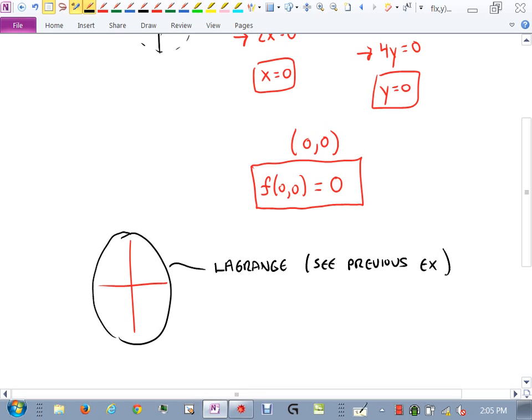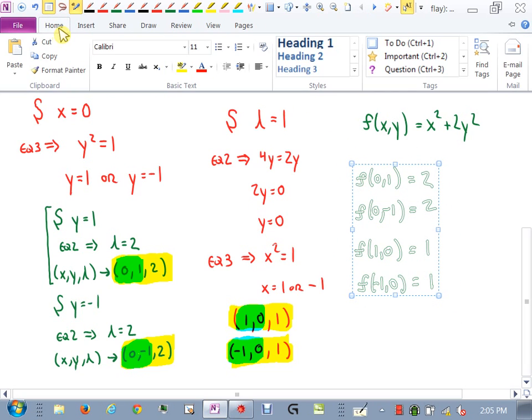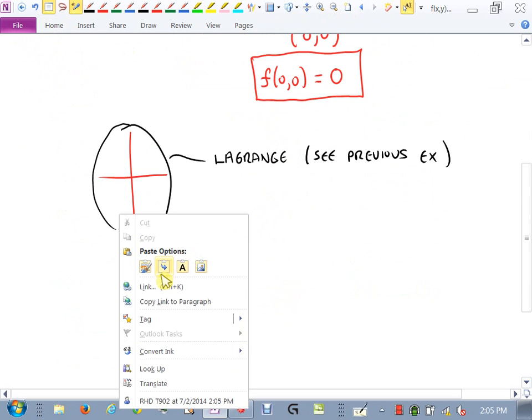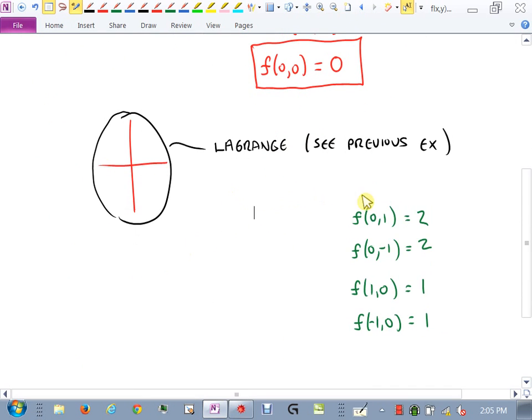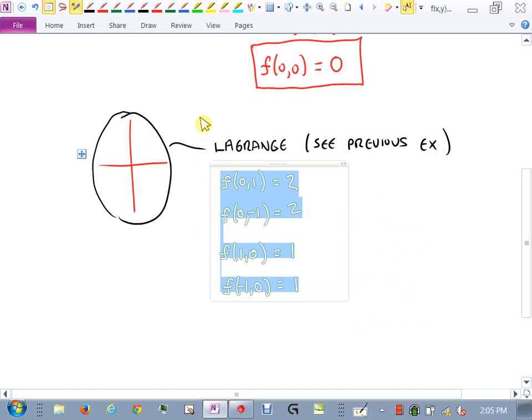And what did we get from the previous example? We got those 4 things, right? Or actually these right here. That's what we got. So if we take those now, and compare those.